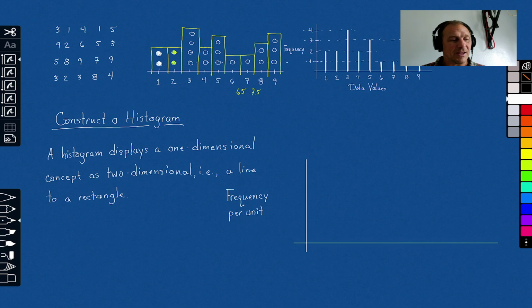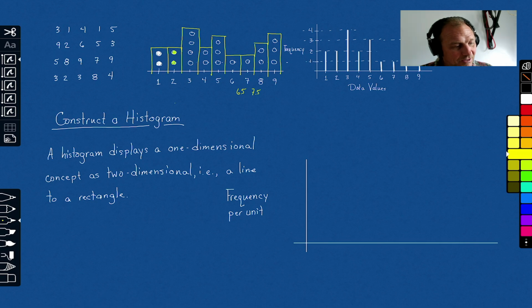I just recorded the edges. Look at this. If we look up here, the only thing that mattered was the edges of the boxes, the edges of the rectangles. And that's what we're going to see here as we broaden this idea of the histogram, is that we just use the edges of the rectangles, and we call those the class boundaries.